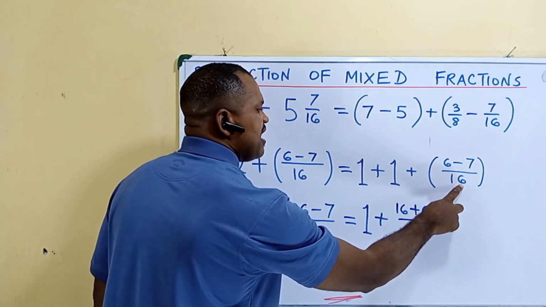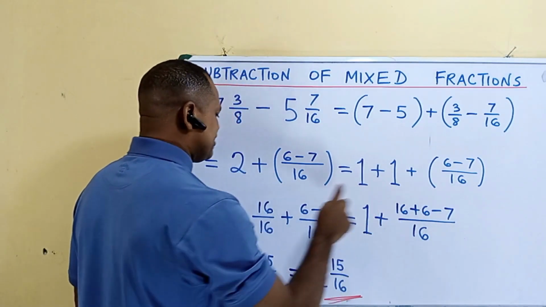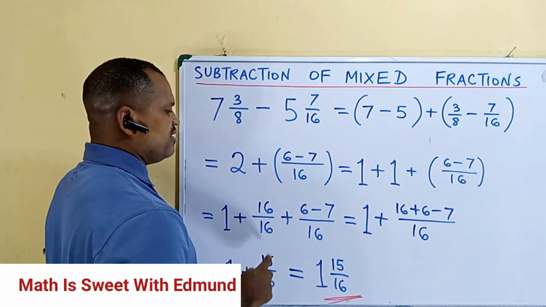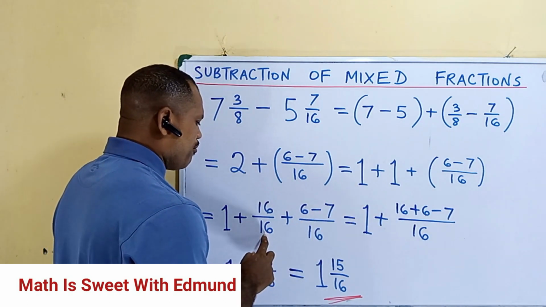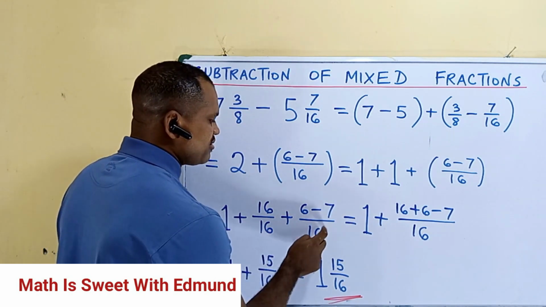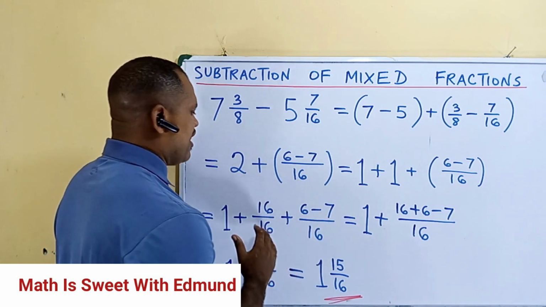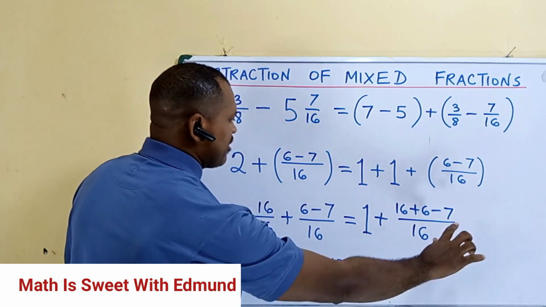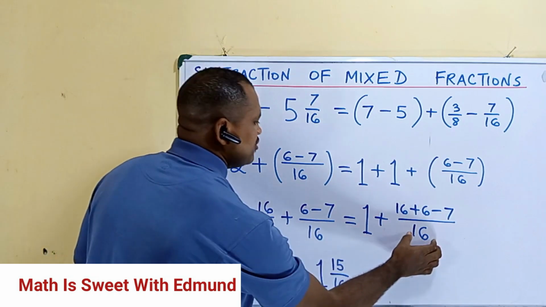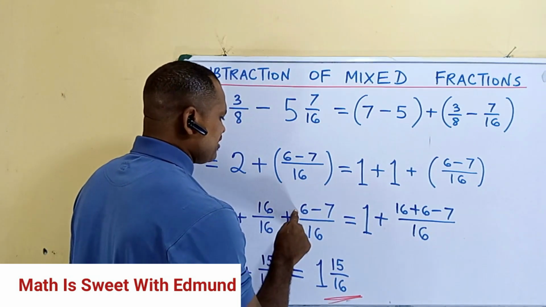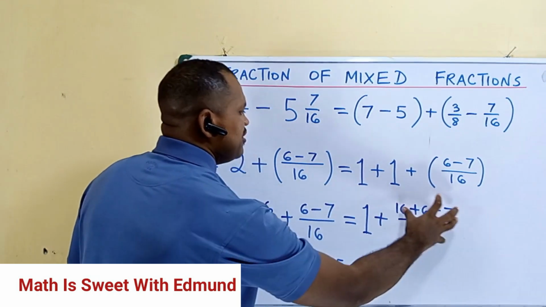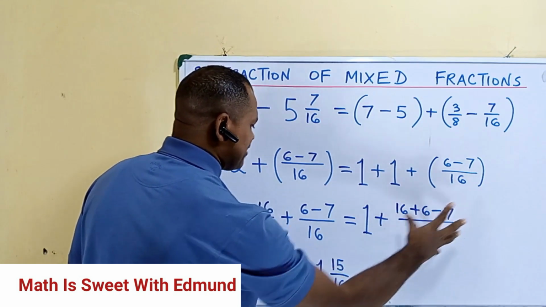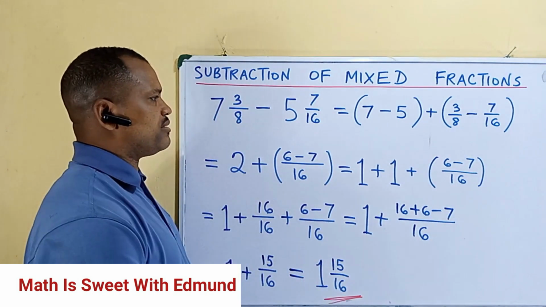If it's 16, as in this case, you make this one to be 16 over 16. So that you have the same bottom number with this one. So that it will help you to just draw a long line. 16, just 16. 16 plus 6 minus 7. Look at it. You add and subtract, and that will be it.